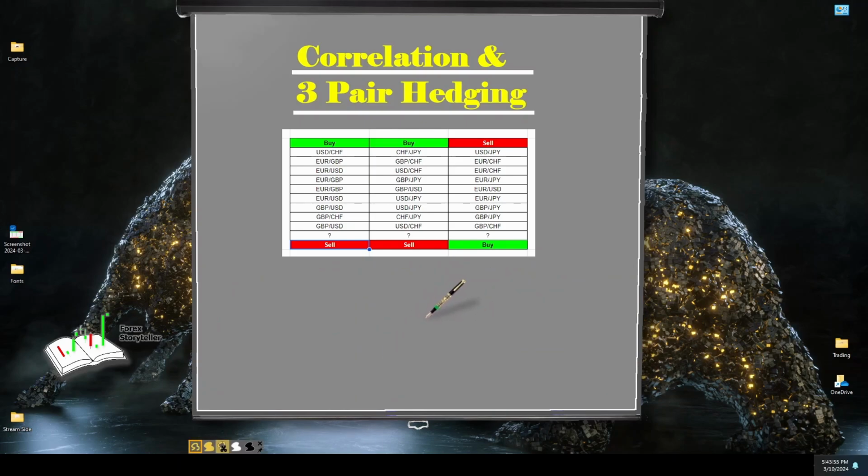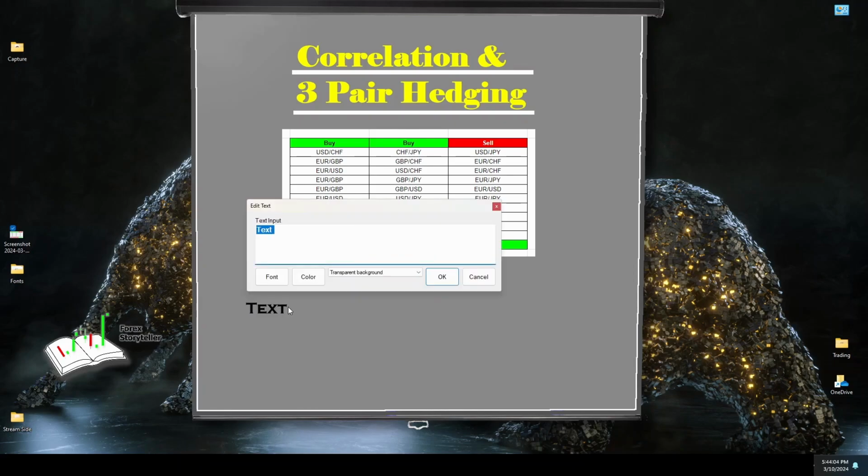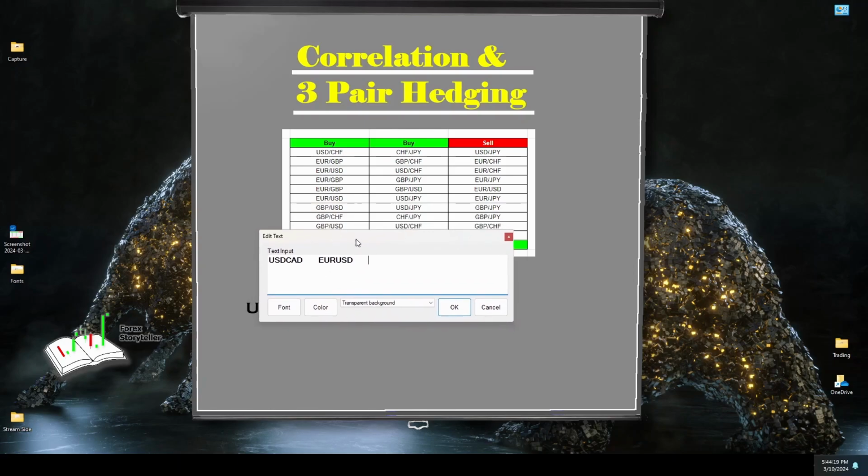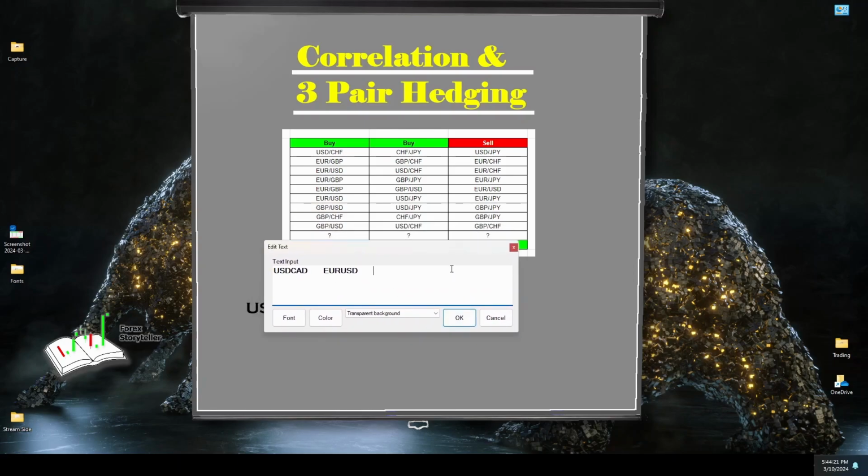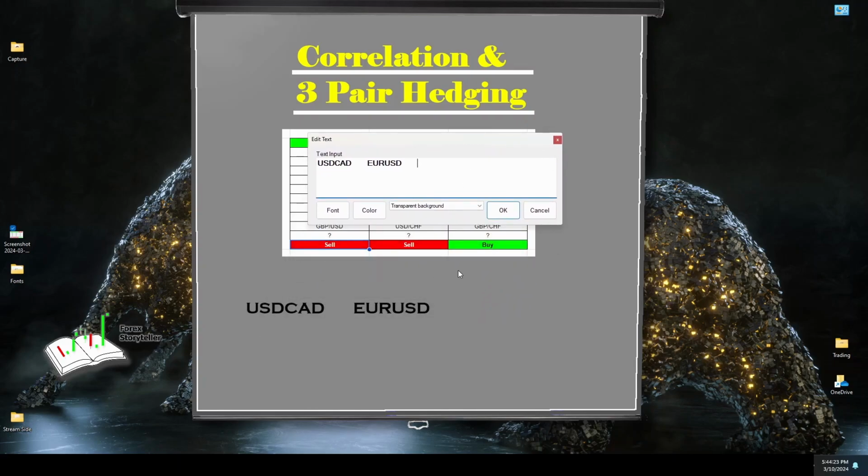This is how we're going to do it, and I've made a little bit of a schematic. Let's use the pair setup from the last setup video. We have the USD CAD on one pair, and the Euro USD on another pair. That's a pair that's not on this chart in that setup, so we need a way to balance this out with correlation.